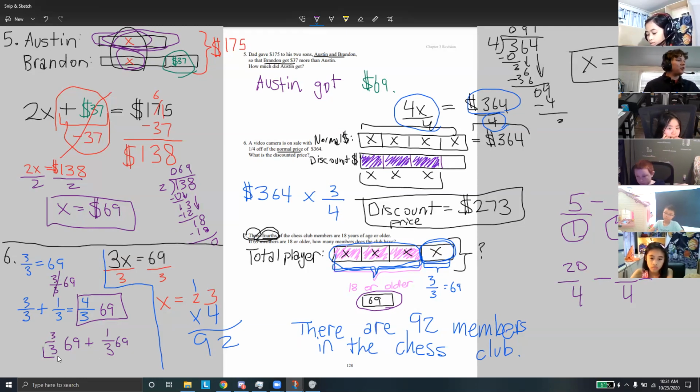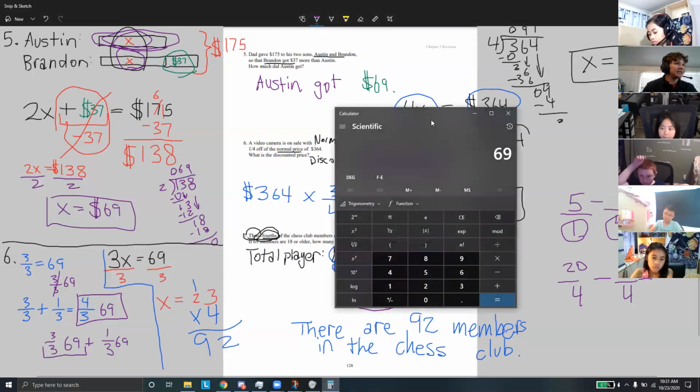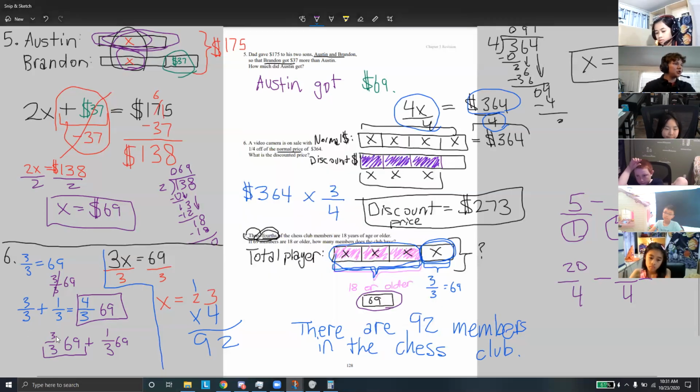And we know 3 over 3 times 69 is equal to 69. I'll just use a calculator to show you guys real quick. If I have the number 69 times 3 divided by 3 is back to 69 because the times 3 and divided by 3 cancel out. So we have 3 out of 3 times 69 is equal to 69 plus 1 out of 3 times 69.